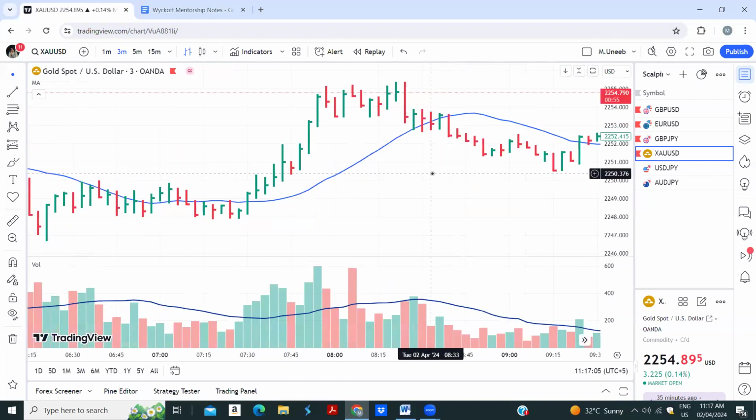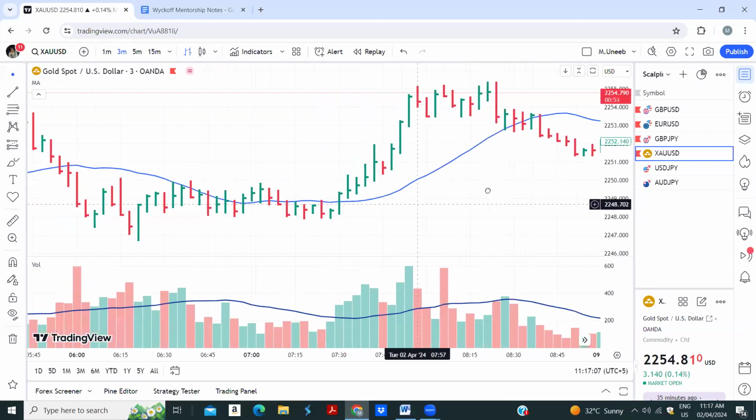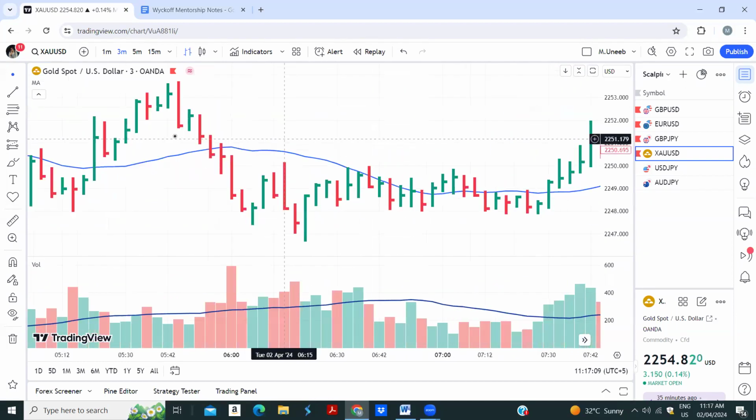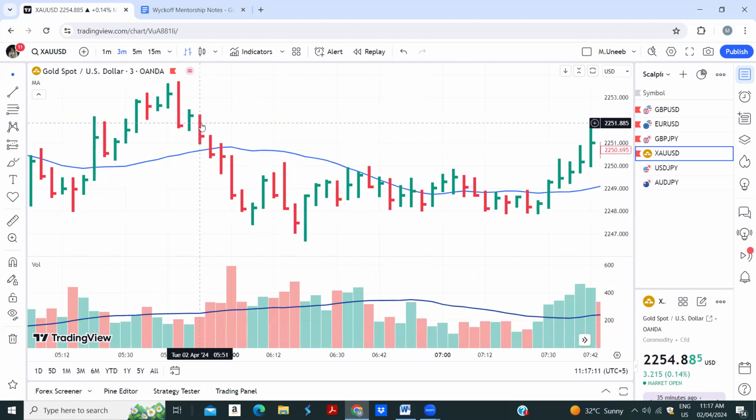Now let's suppose here, as the volume is increasing, the price movement also increases. Just compare these two.